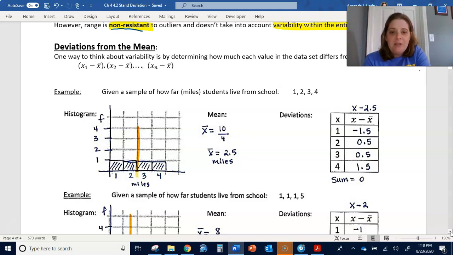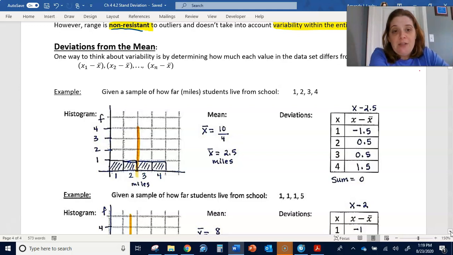I could find the mean: x bar is 10 divided by 4, which is 2.5. So on average, these students live 2.5 miles from school. If I take each of these numbers, 1, 2, 3, 4, and subtract 2.5, we're off by 1.5 in this direction, 0.5, 0.5, and 1.5. These are the actual differences from the mean.